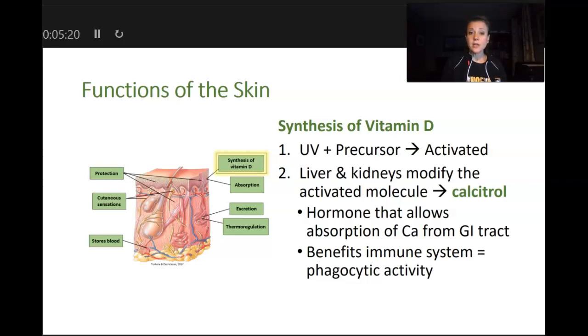And calcitriol is going to stimulate the absorption of calcium from the gastrointestinal tract. That's what GI means. It's also going to do a few other things, which I want to show you on our next slide.